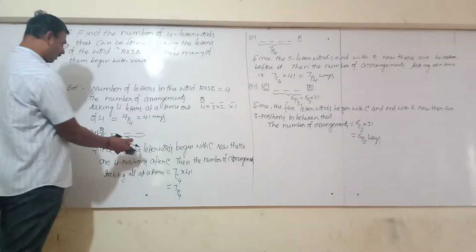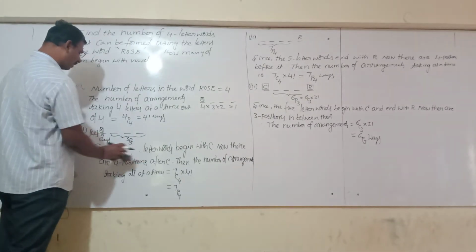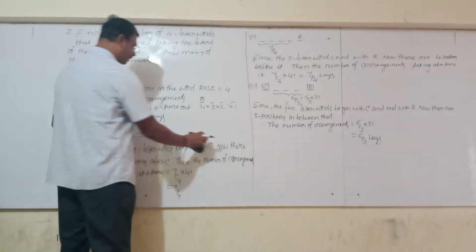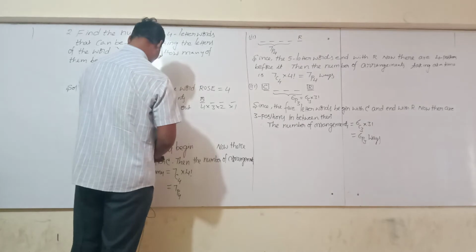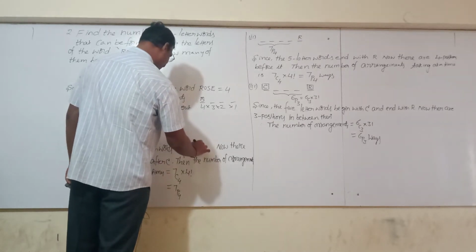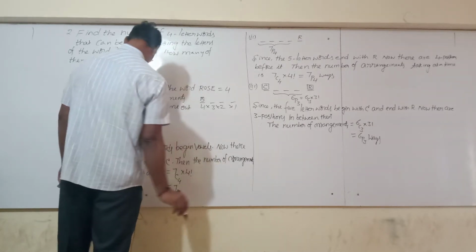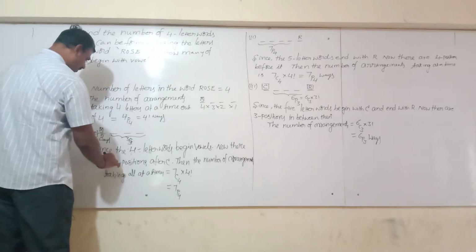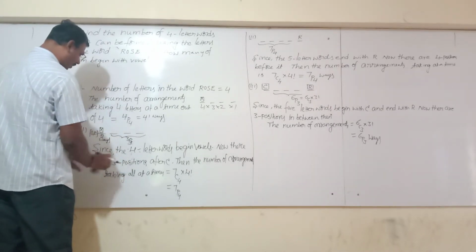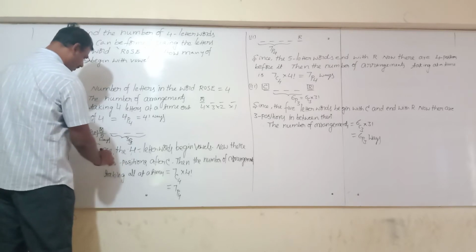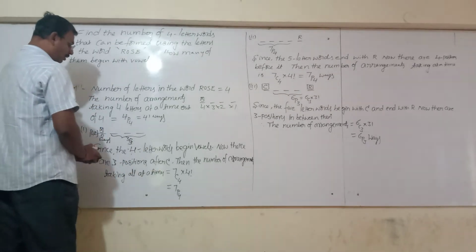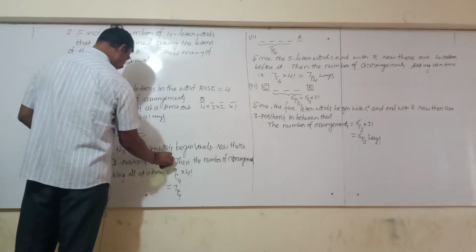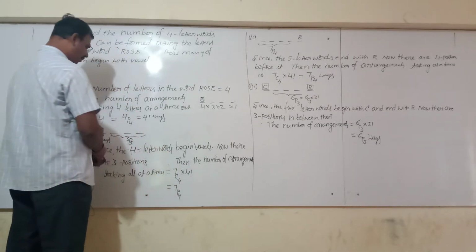Since the 4 letter words begin with vowels, now there are how many positions? There are 3 positions.